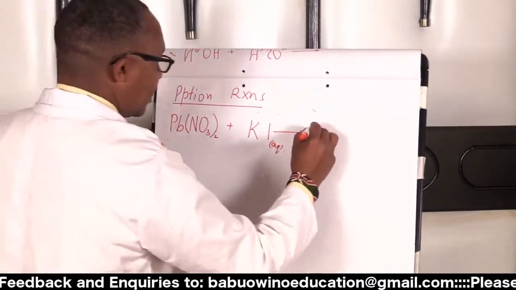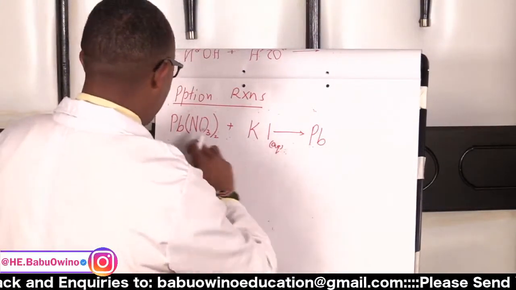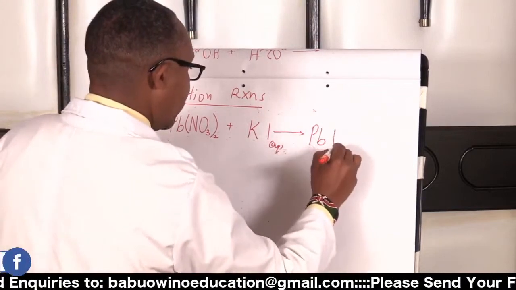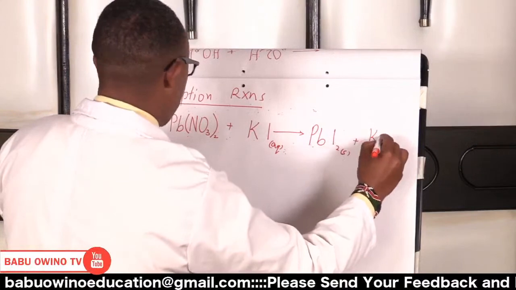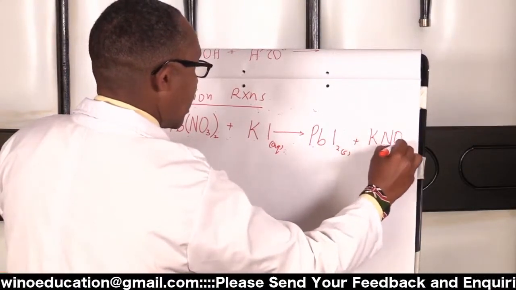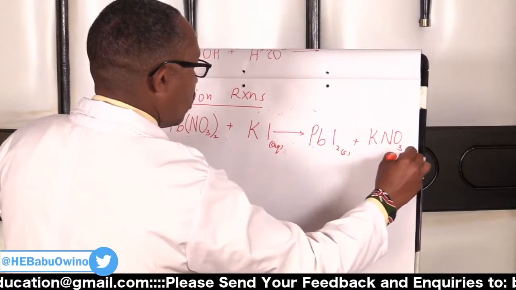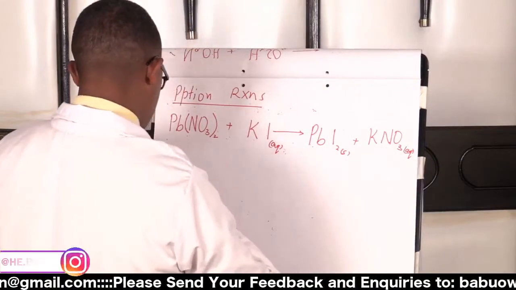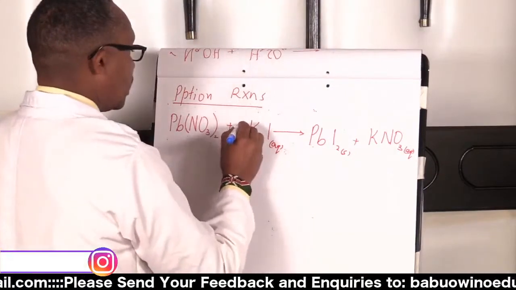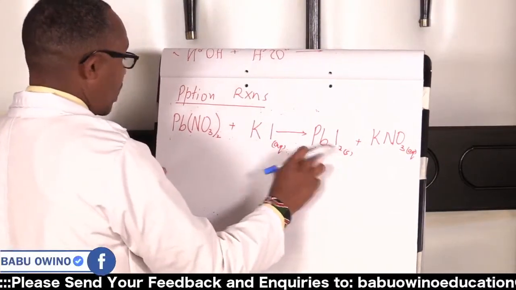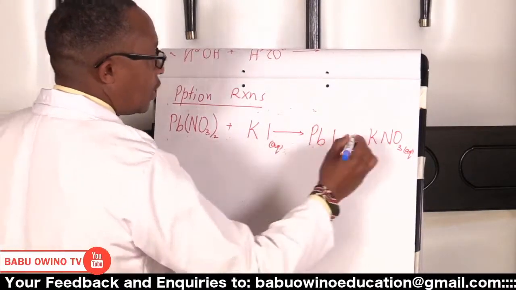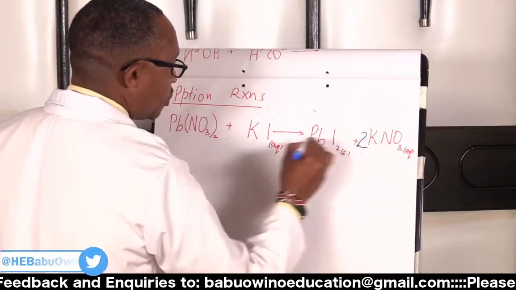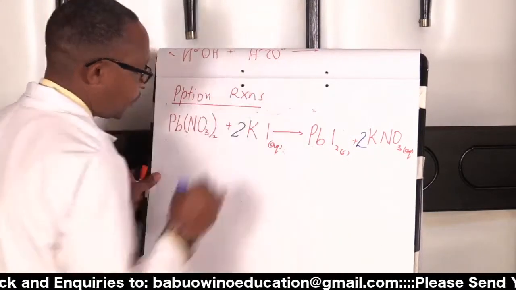Would give us lead iodide plus potassium nitrate. All nitrates are soluble, and then we balance it up. Lead here is 1, lead here is 1. The nitrate, so we balance it up here by 2 and here by 2.